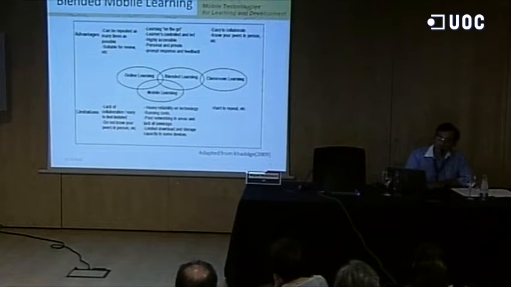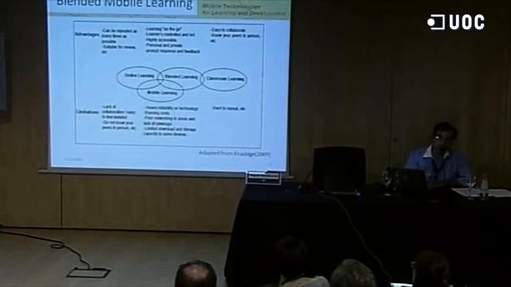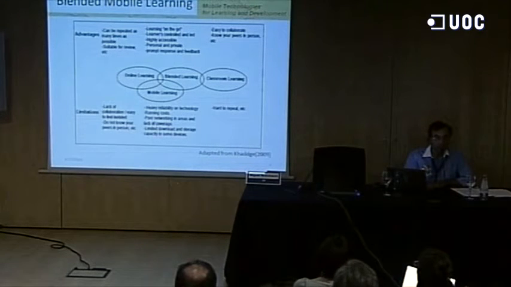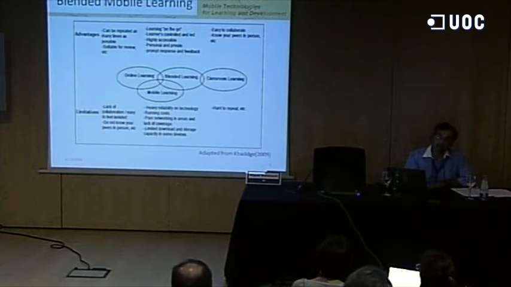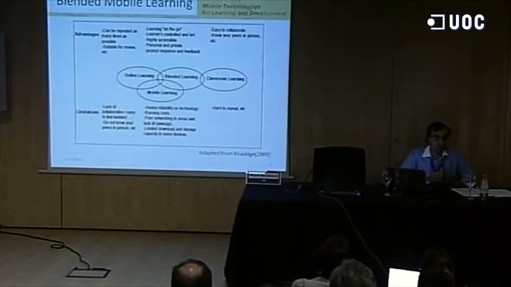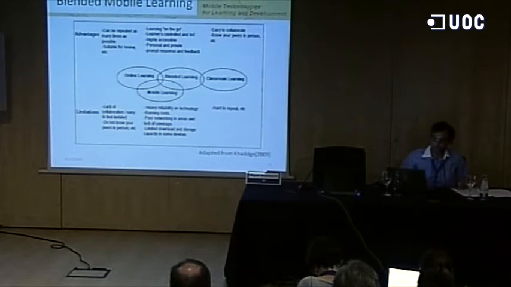So we have to consider the limitations of mobile devices, like screen resolution, screen size, battery life, etc., so that when you think about sending some materials, you take this kind of limitation into consideration.